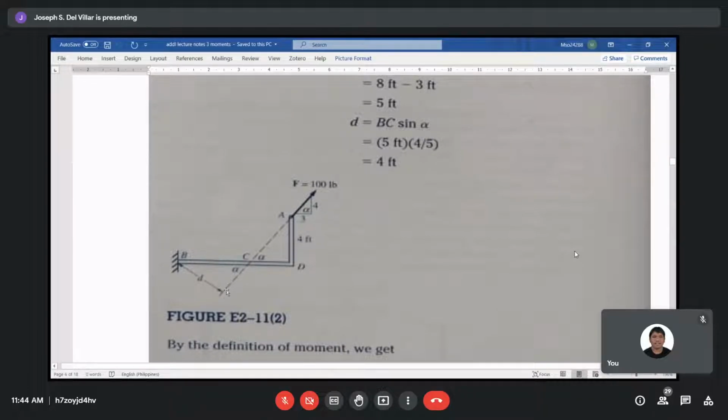Now, the problem in transmissibility is magko-compute kayo ngayon ng distance. Pero, hindi nyo naman gagalawin yung 100. Okay? Hindi nyo na siya i-resolve. Ang kino-compute nyo dito is yung moment arm. Okay? So, paano nyo nakukuha yung moment arm?